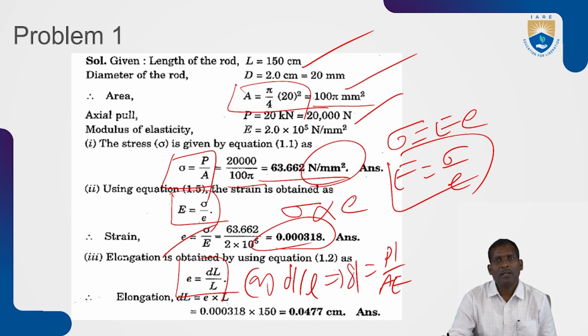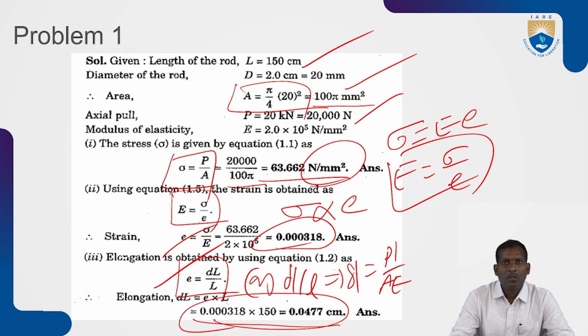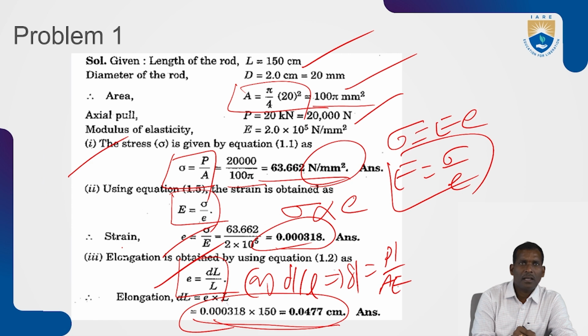So now calculate delta L, the elongation, or otherwise apply the formula strain is delta L by L. Substitute the above values and you will get the value 0.0477 centimeter. Clear? So like this, you have to calculate stress, strain and elongation.